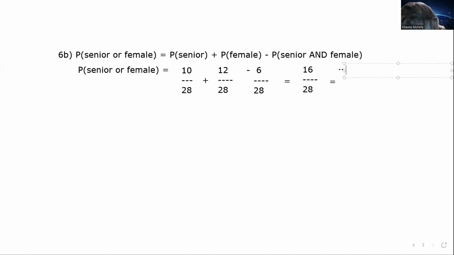And that is equal to 0.5714, if I remember correctly, let me check that.